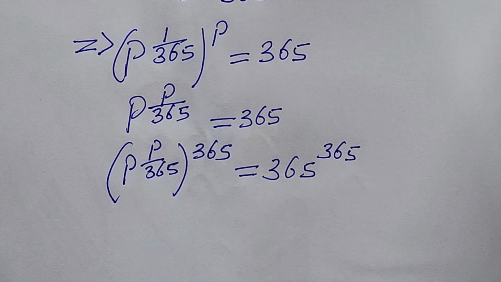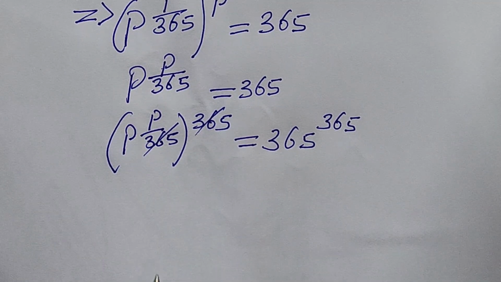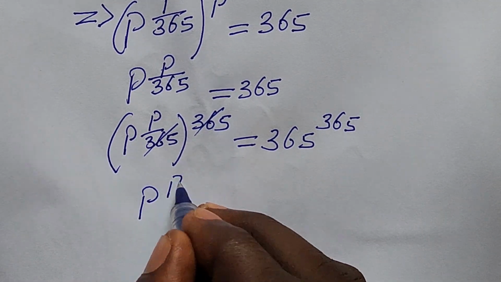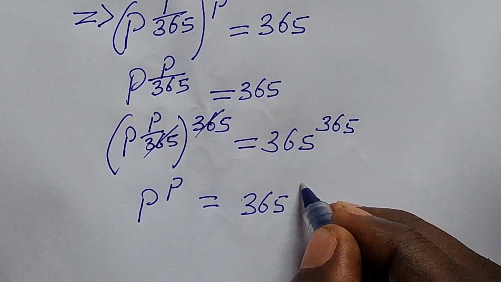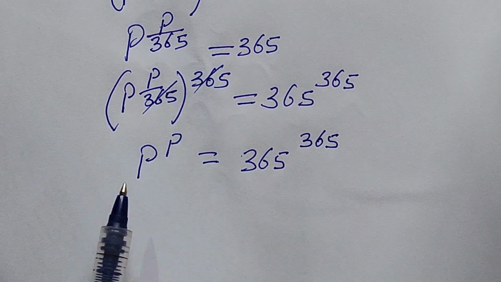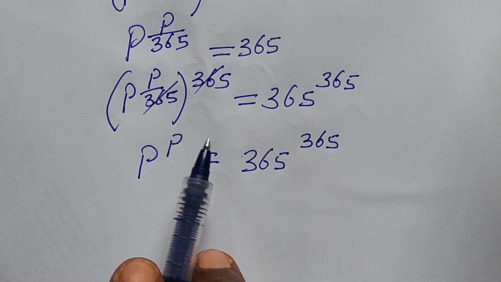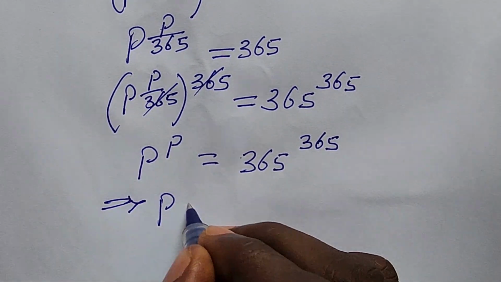Okay, so let's continue again, and you discover that this and this will leave the system. So we'll now have p to the power of p is equal to 365 all to the power of 365. Therefore, since the bases are the same, we can equate the exponent. So it also means that our p is equal to 365.